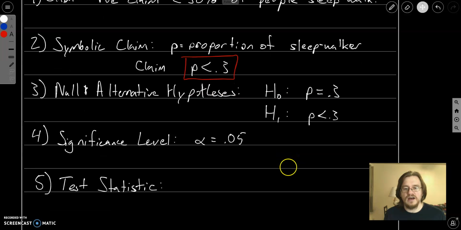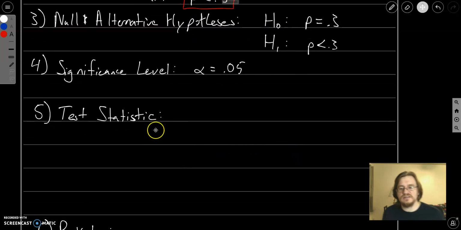So the next step is determining the test statistic, which is going to be the most calculation-intense part of this, but it's still not bad.